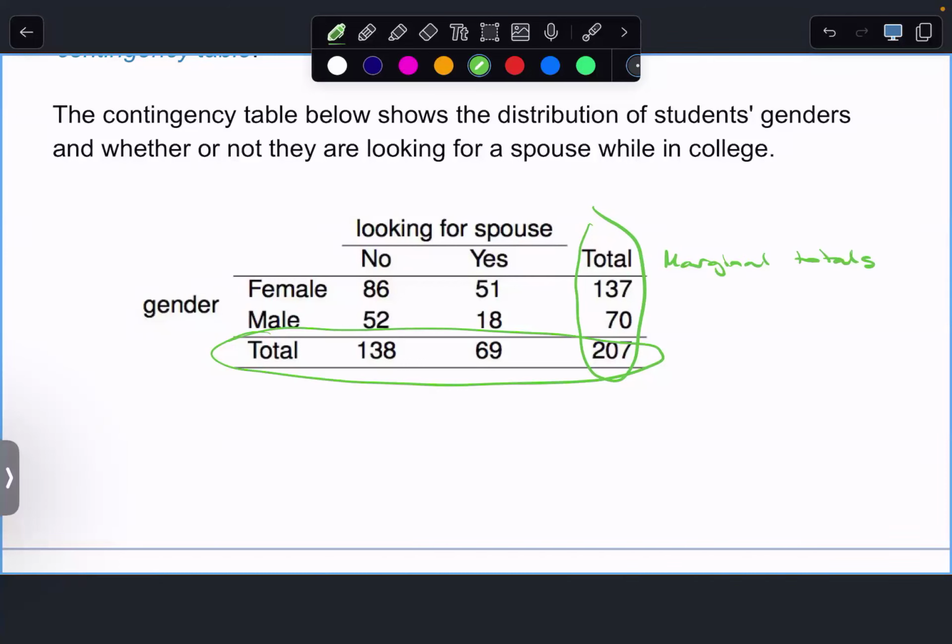They're totals, they're in the margins. You don't need to memorize that terminology, but usually we put those totals or add them in afterwards if we don't have them. And so we've got this 207, which is our total sample size, the number of people that we surveyed. That's the overall total.